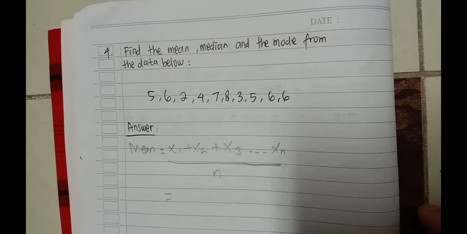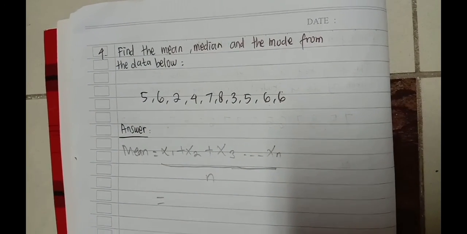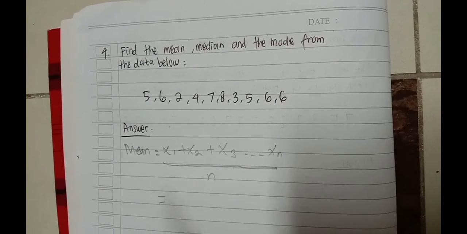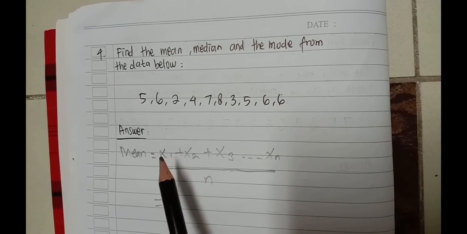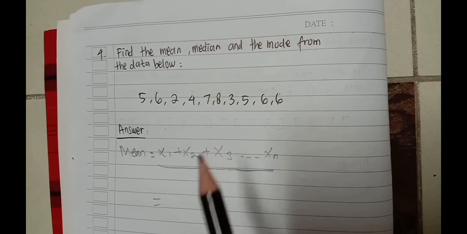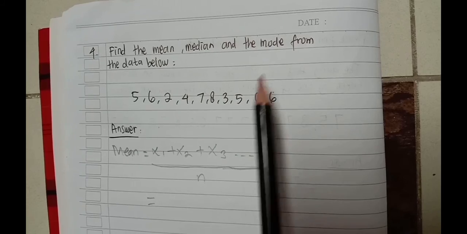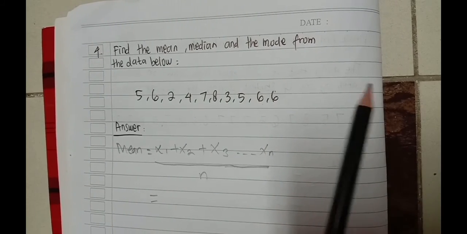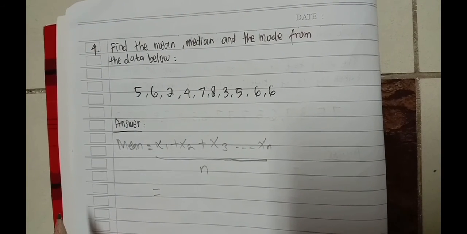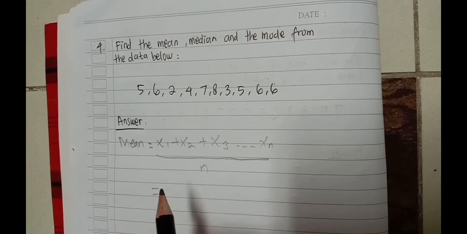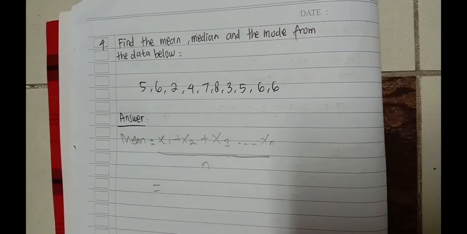And the next, okay, the fourth exercise, please find the mean, median, and the mode from the data below. 5, 6, 2, 6, 4, 7, 8, 3, 5, 6, 6. And the first we will find the mean.